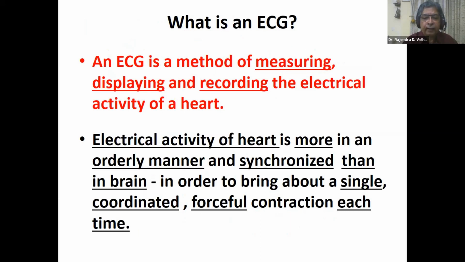As we all are aware, the electrical activity of the heart is more orderly and synchronized than that of the brain, because the heart has to bring about a single forceful coordinated contraction each time.